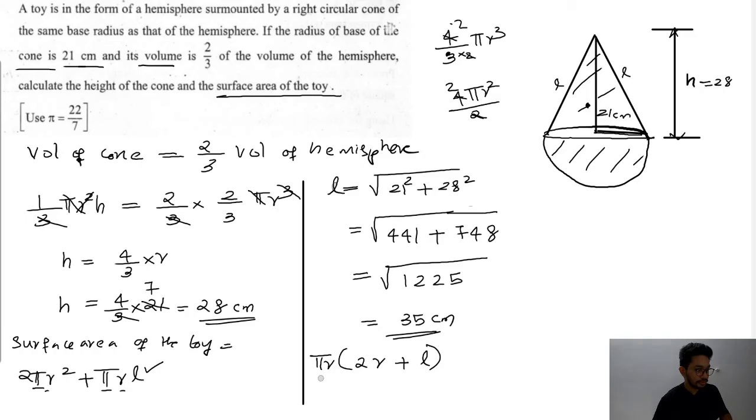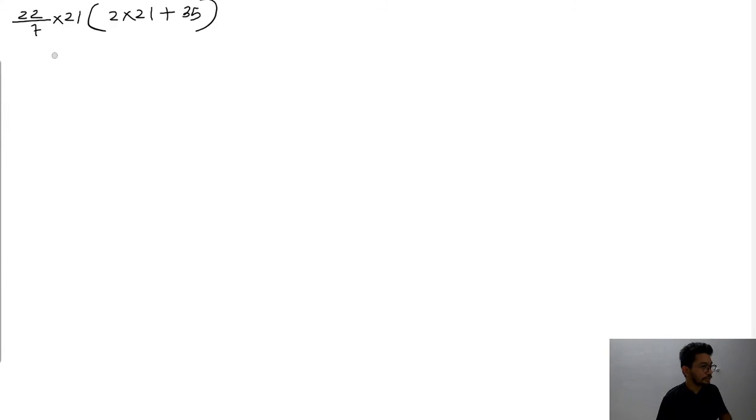Now I'll substitute the value for pi as 22 by 7 multiplied by r, which is equal to 21. Inside the bracket, I got 2 multiplied by r, which is equal to 21, plus L, which I just got, 35. For our convenience, I'm taking a new page.